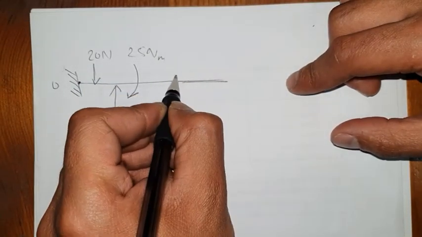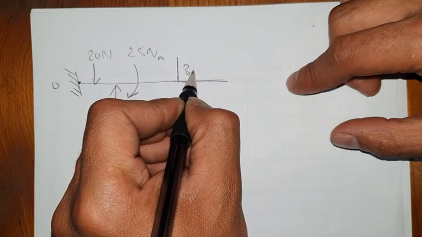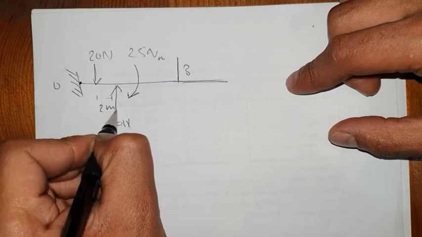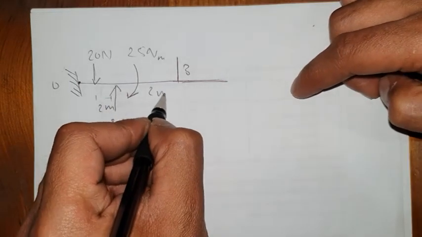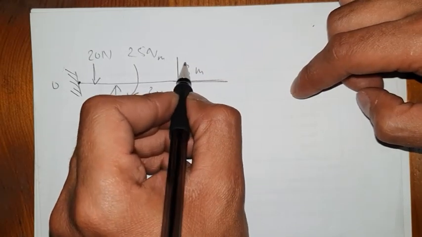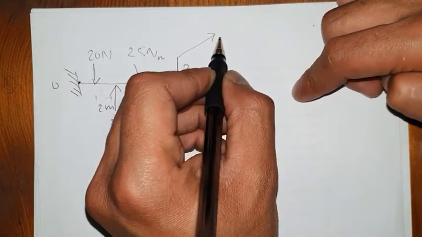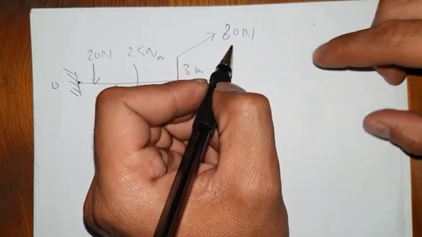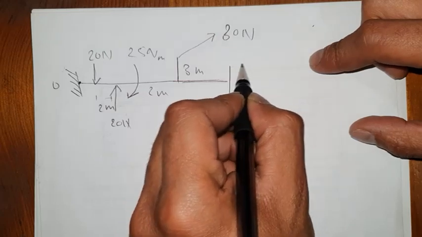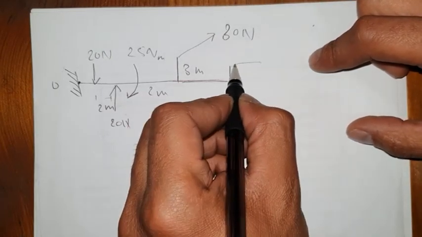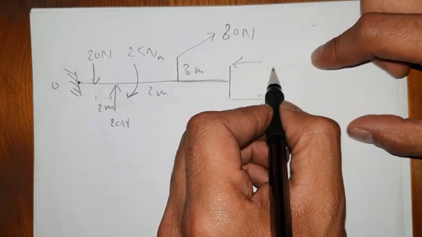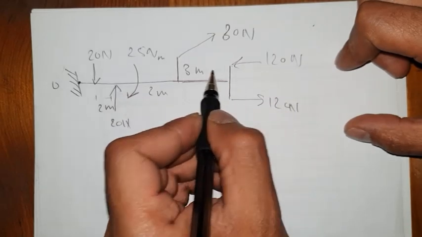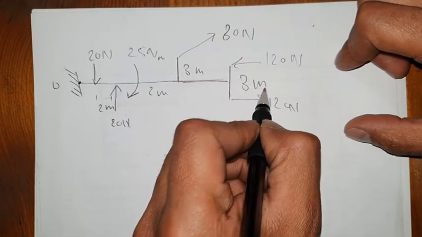We have another force here. The distance between these two is 2 meters, and here also 2 meters, and here 3 meters. This force is at this angle, and this is 30 newtons. And along that we have another couple force. One is acting like this and one is like this. It's 120 newtons. The distance is 3 meters.